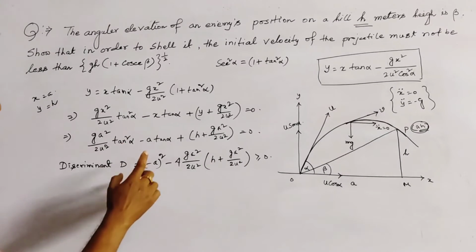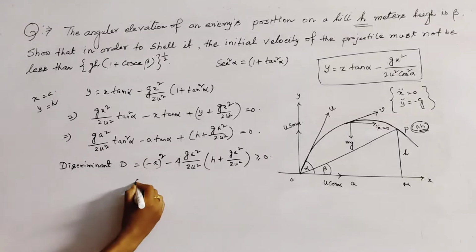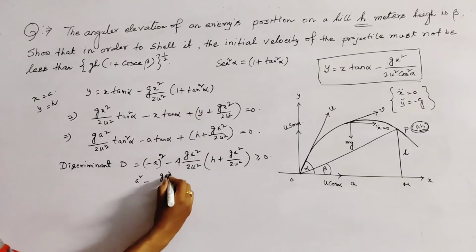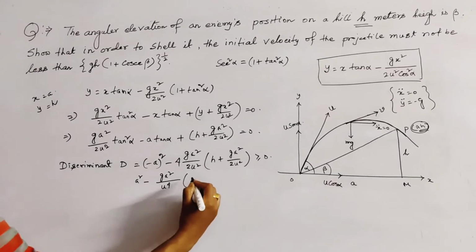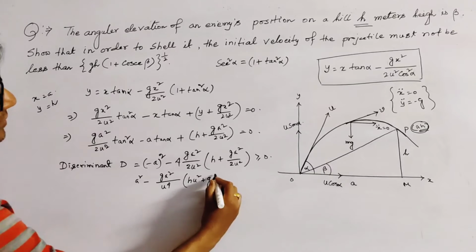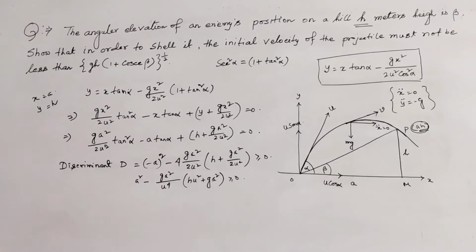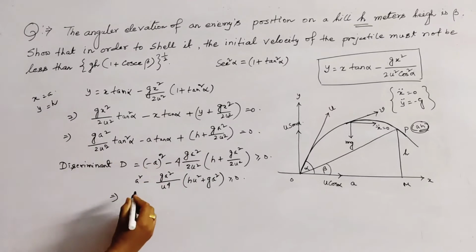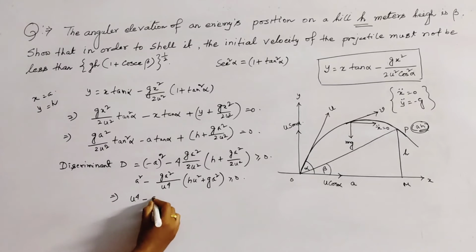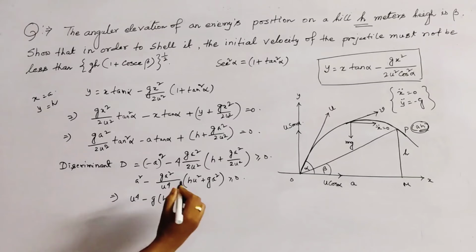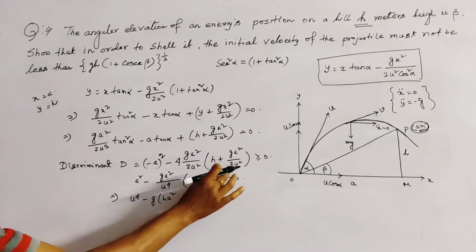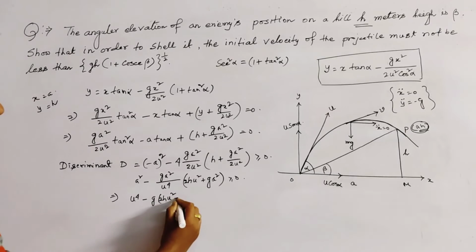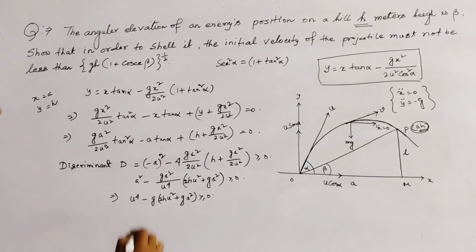Evaluating this discriminant as simply as possible, we get a square times g square by u to the power 4 into u to the power 4 minus 2g times (h u square) minus g square, greater than or equal to 0. We take a square common and cancel it on both sides.